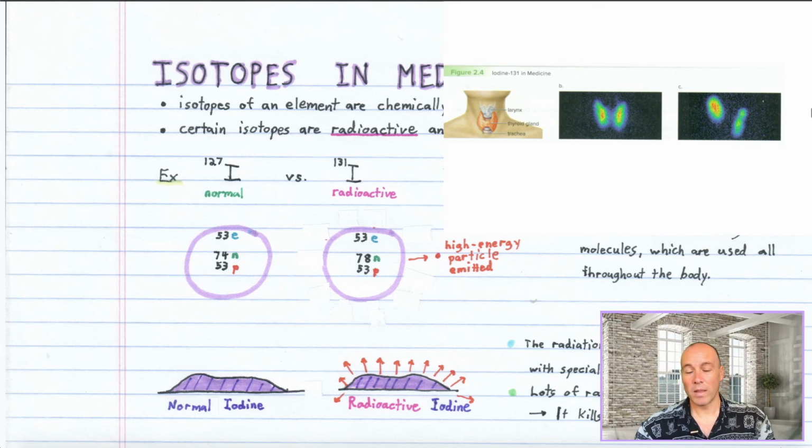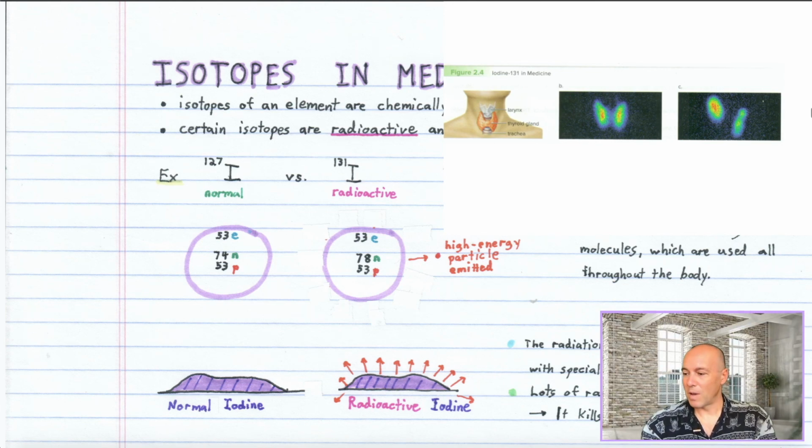Now, when the patient is given larger doses of radioactive iodine, it can actually be damaging to the surrounding tissue. As it gets into the thyroid, if there's a larger amount of radioactive iodine, it'll just start destroying the surrounding cells. This can be beneficial in certain circumstances.